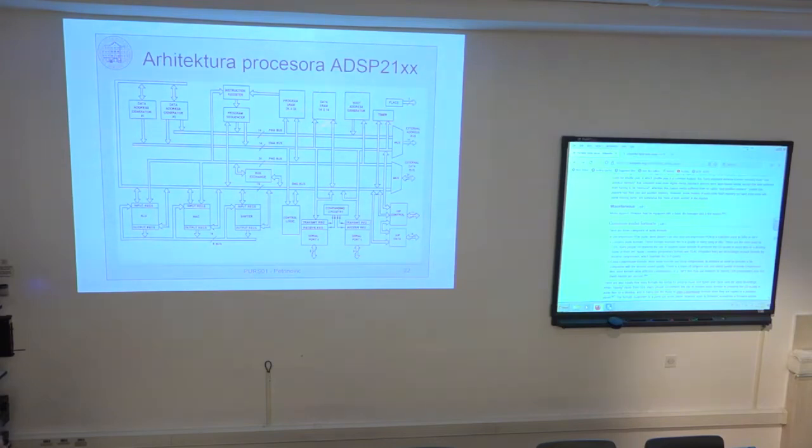This data RAM is 16-bit wide, so it is organized on word level, not on byte level. Each time I access one location from the memory, I fetch 16 bits of data. And another static RAM is used for program storage, and it has a 24-bit word. Why? Because the instruction word is 24 bits wide for this DSP.